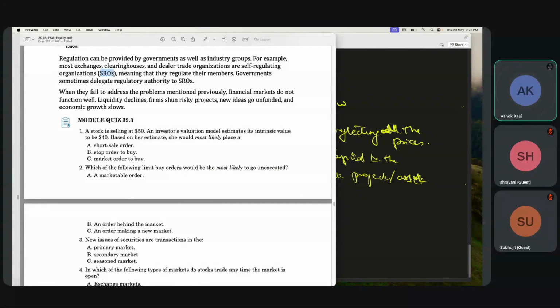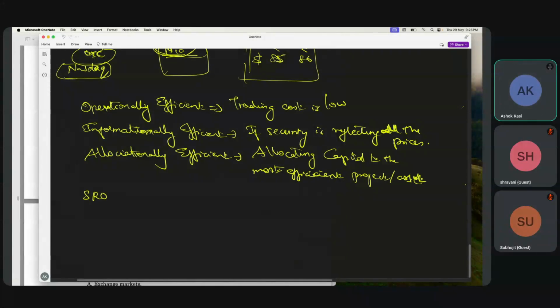SRO means self-regulatory organizations. They will not ask this one, I think maybe only one question might be there on the website. Self-regulatory organization, for example, our stock exchanges, BSE and NSE.